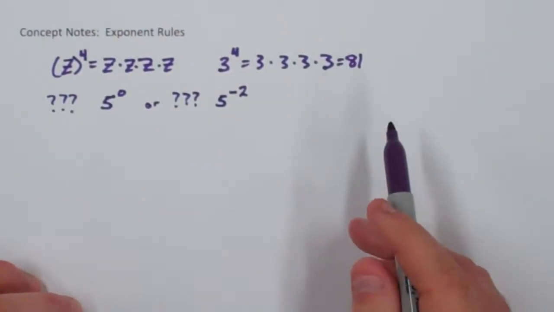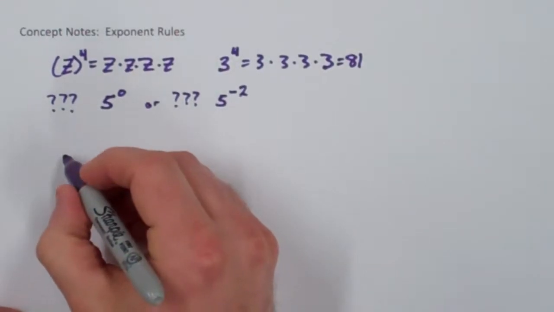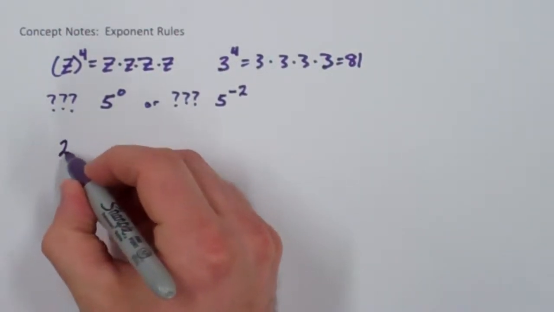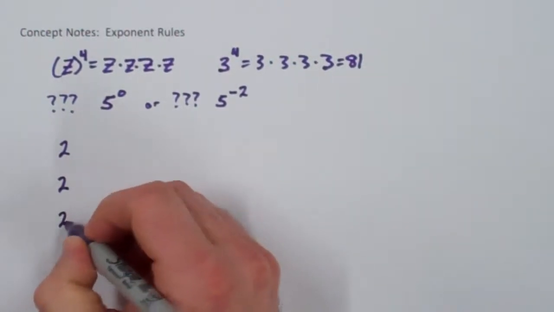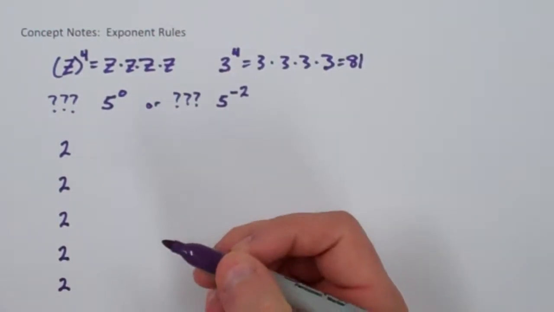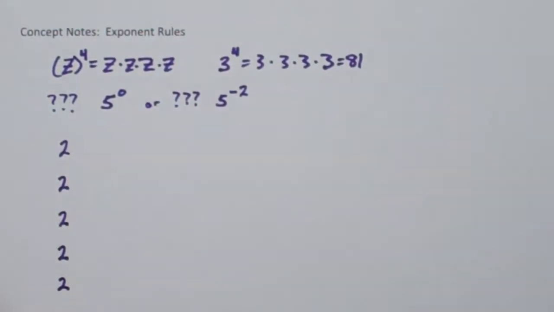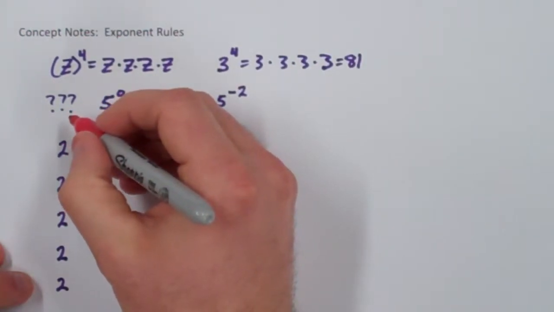To help you understand this concept a little better, I'm going to show you a pattern. The base for this pattern is always going to be 2, so I'm going to write a 2 here, another 2 there, and so on. And I'll use a different color, red, for the exponent.